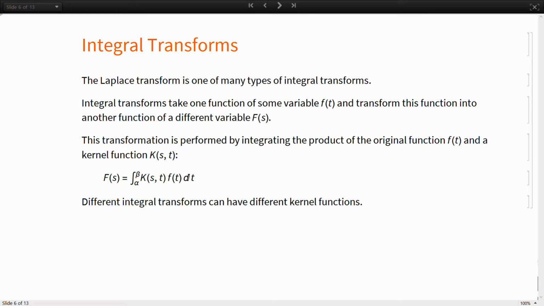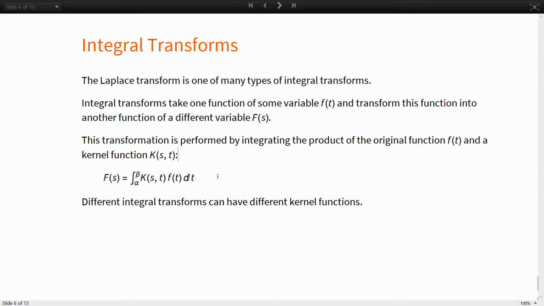The Laplace transform is one of many types of integral transforms. Integral transforms in general take one function of some variable, like little f of t, and transform it into another function of a different variable, like big F of s. This transform is done by integrating the product of the function you are transforming, f of t, with some kernel function, k of s and t.